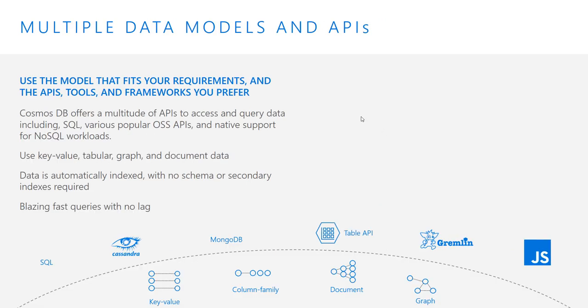Now we already talked about how we have multiple data models and different kinds of APIs on top of this. As I said, you can keep the key value and column family. So Cassandra is in preview. We will be going GA by September. And of course, MongoDB is there, and Mongo APIs, and a lot of our users are already using Mongo.